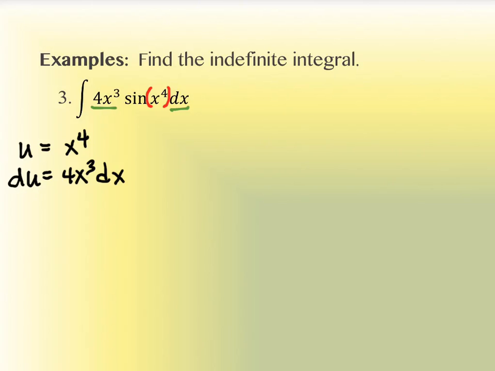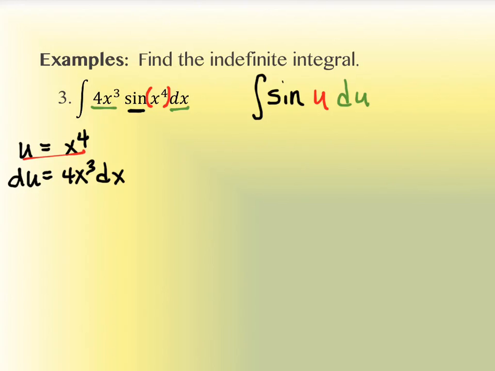So the part that's underlined in green, all of that is going to get replaced by the du. So here's du, also in green. The sine doesn't get replaced. It's still there, so there's sine. And the part that's in red is u, so this is u. So this is sine of u du.